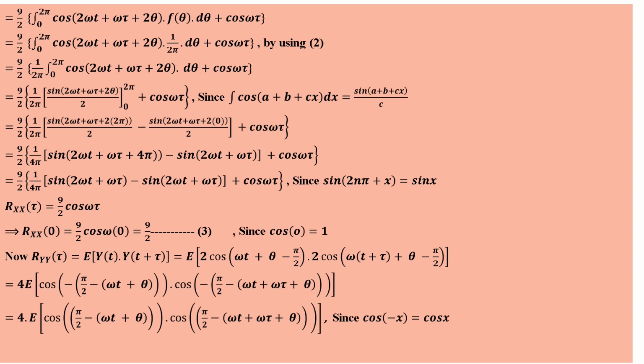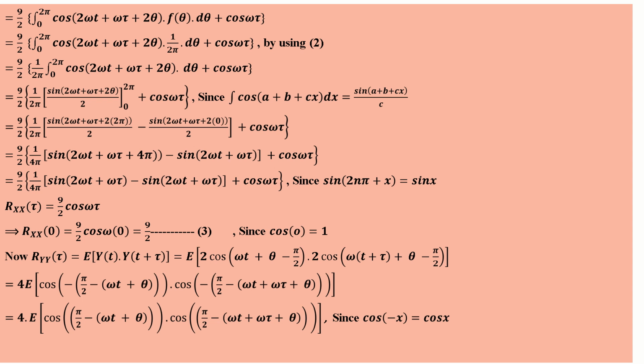So 4 into the expected value of cos, first bringing pi by 2 in front, taking minus outside the first bracket: cos minus pi by 2 minus omega t plus theta. The second term also the same, bringing pi by 2 in front, taking minus outside: cos minus of pi by 2 minus omega t plus omega tau plus theta.